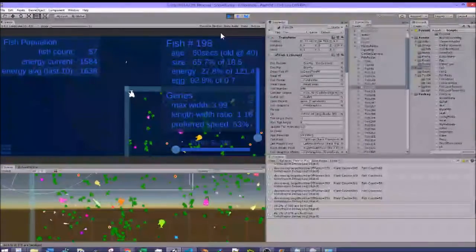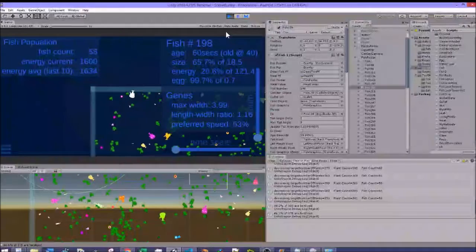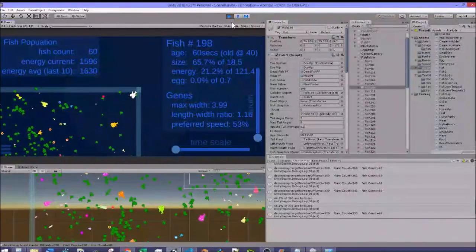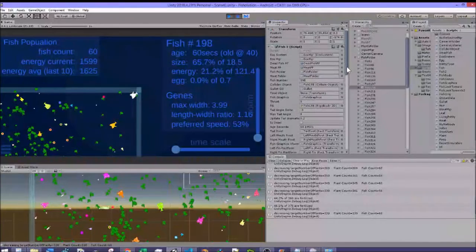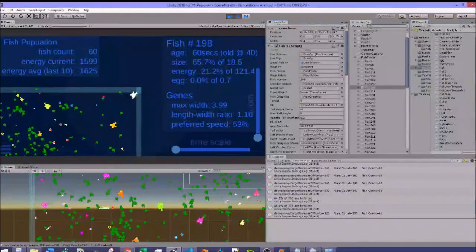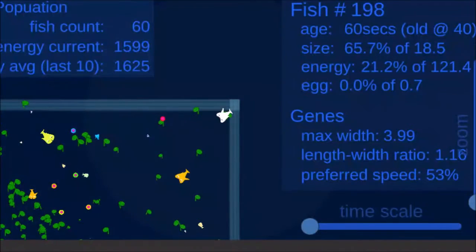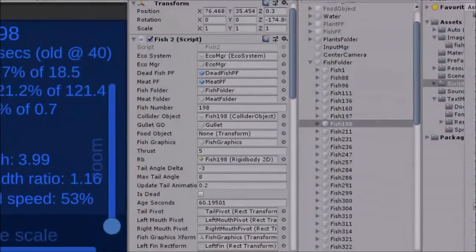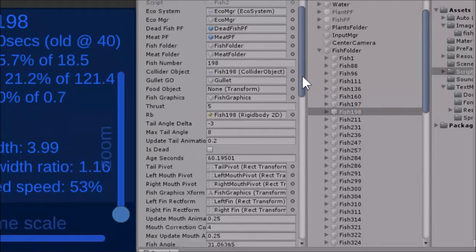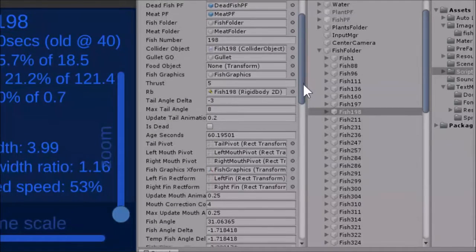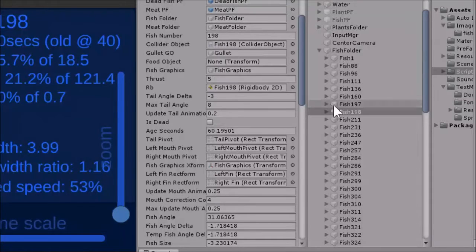Maybe some mutation gave him some weird mutation that's behaving very strangely. So let's take a look at his fish script here. Let me zoom in so you guys can see this. He's fish number 198. Thrust is 5, which is normal, I think.